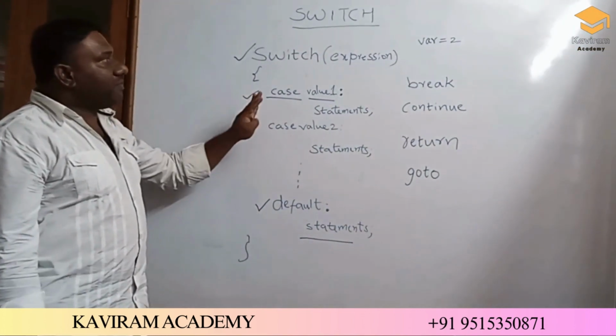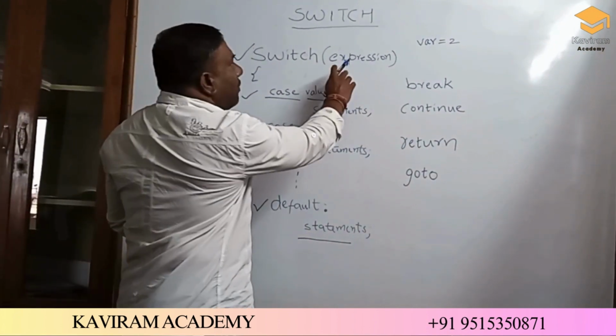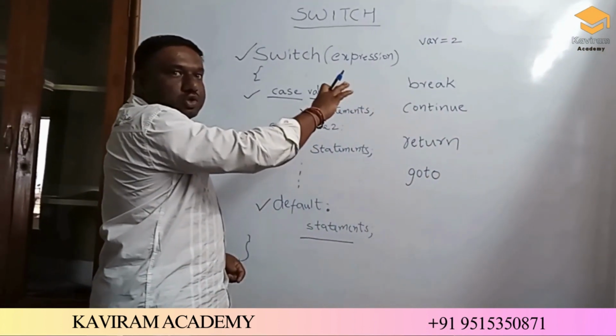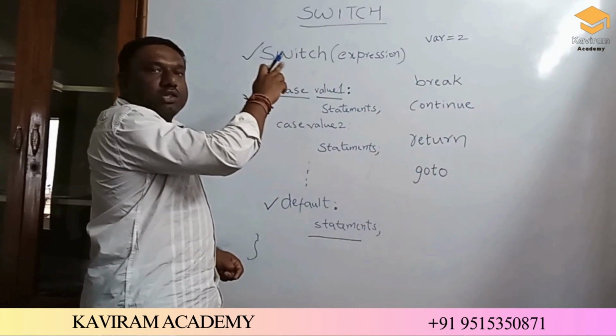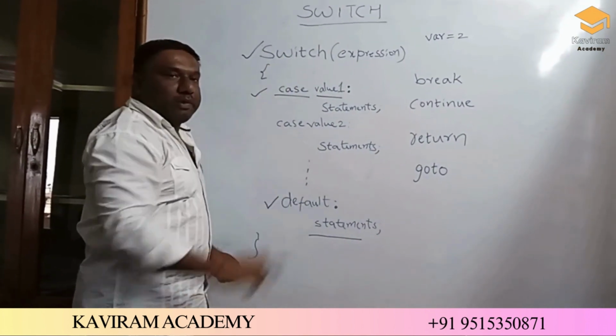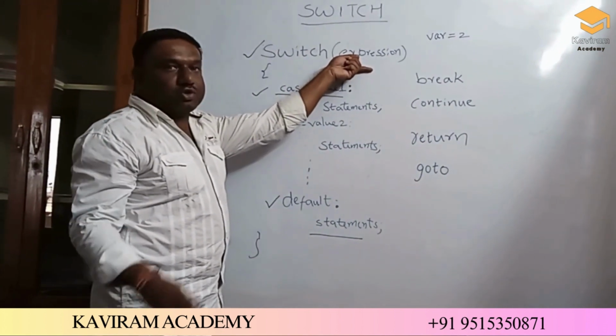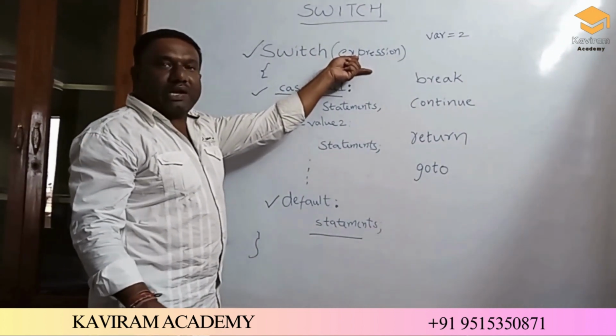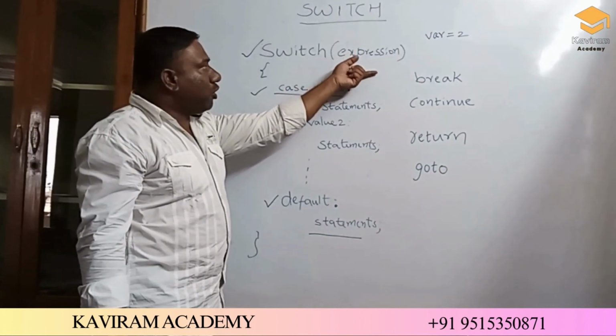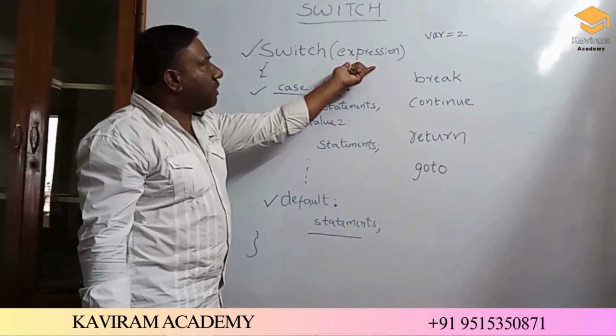So for example, here we have taken an expression, not a condition. If there is a condition, its boolean value will be taken, either true or false. But here we write an expression, so we are not going to get any boolean value; we are going to get a particular value from this expression.